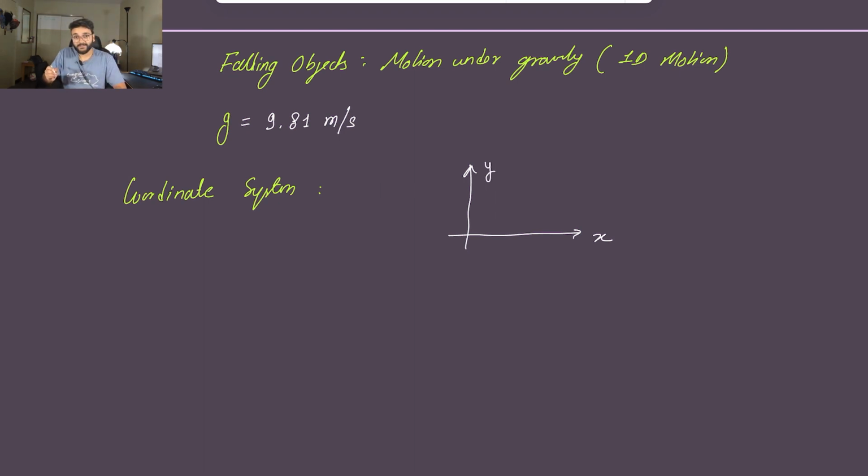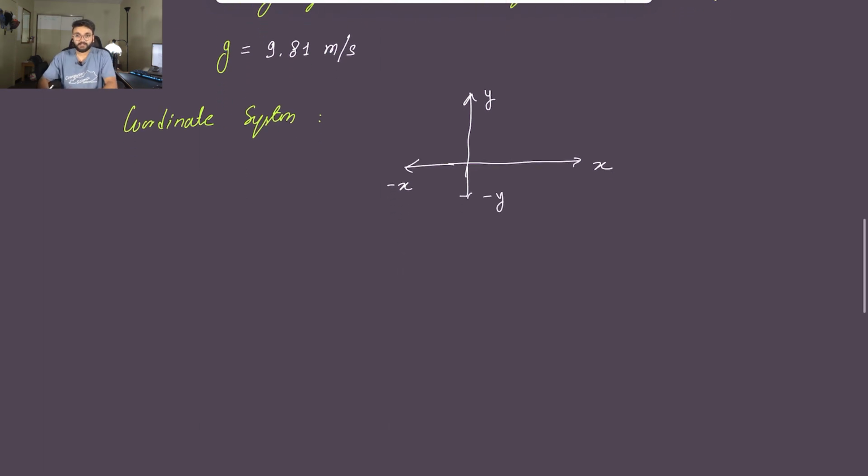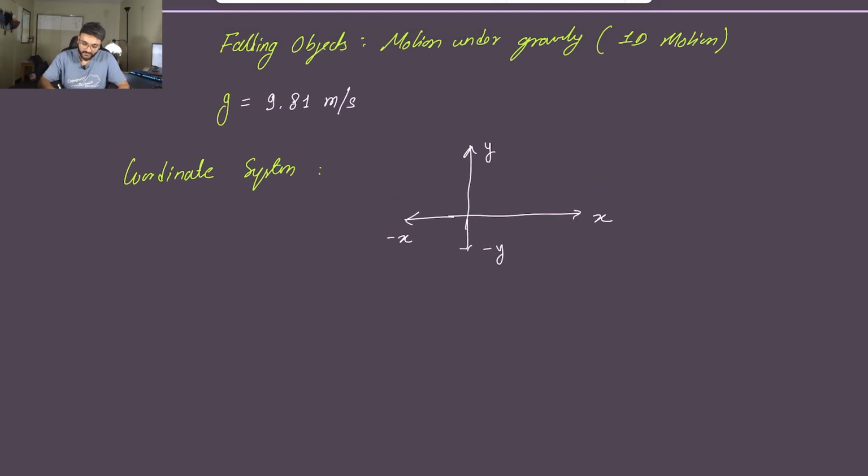Now that x-axis is redundant, because we're discussing objects which are going up like this, or coming from up to down like this. So the entire motion of this object is in the y direction, but for the sake of completeness, let's also include a horizontal direction, and let's call that x. So positive x is this side, so negative x will be here, and negative y will be here. Now we have got a coordinate system here.